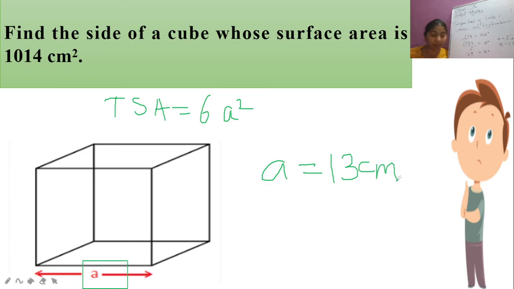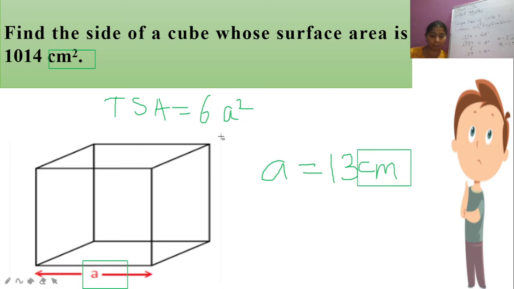So for the curved surface area or total surface area, please remember which formula applies and how you will calculate the questions. And make sure your unit is correct, because here we have centimeter square, right? Here we get centimeter, because we are finding the side only, but there we have an area.